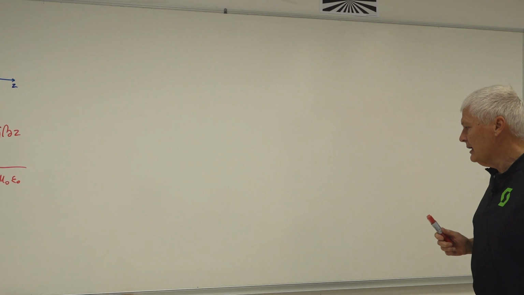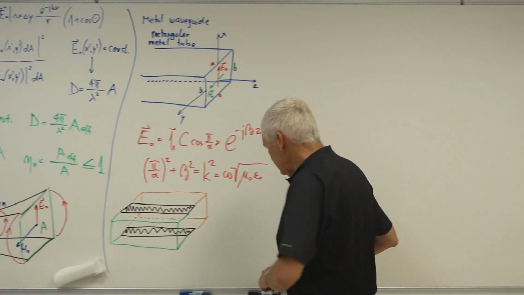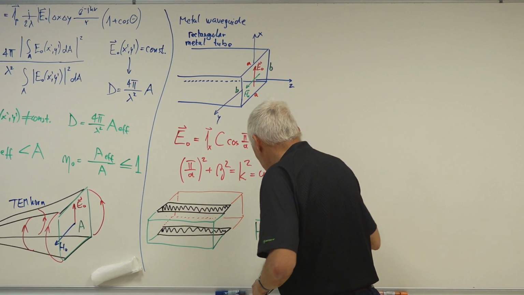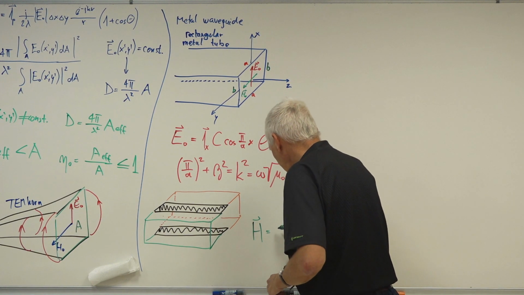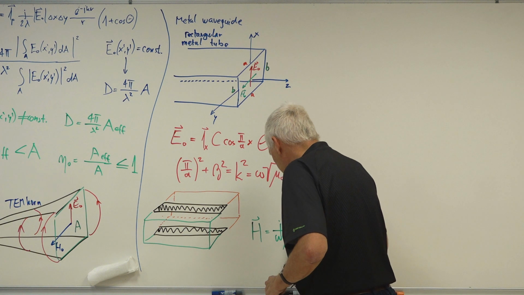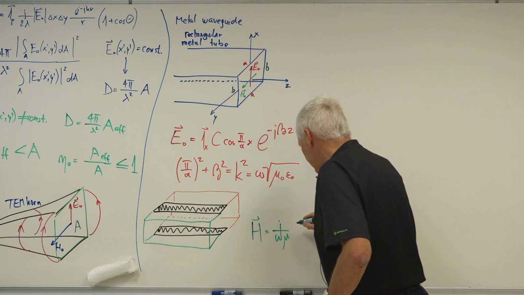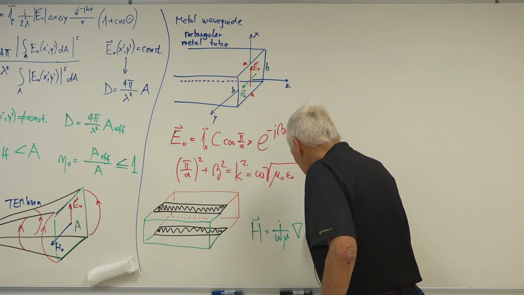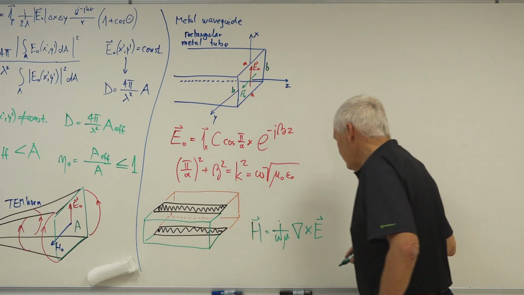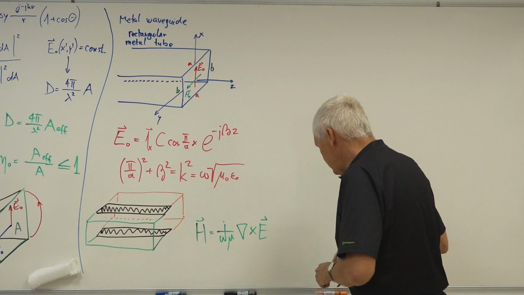We could calculate the corresponding magnetic field here. What is the magnetic field like? According to Faraday's law, it is j over omega mu 0 times the curl of E. And now taking this curl, what do we get?